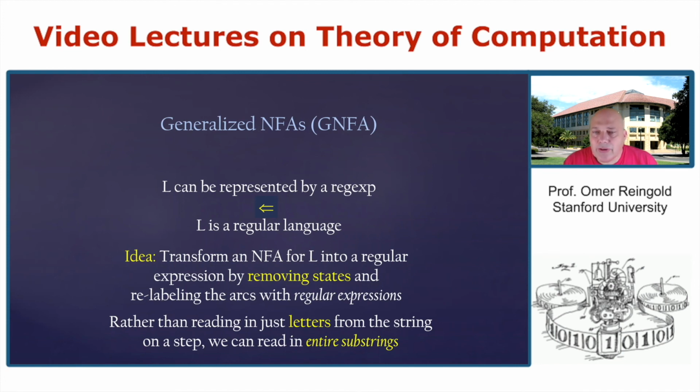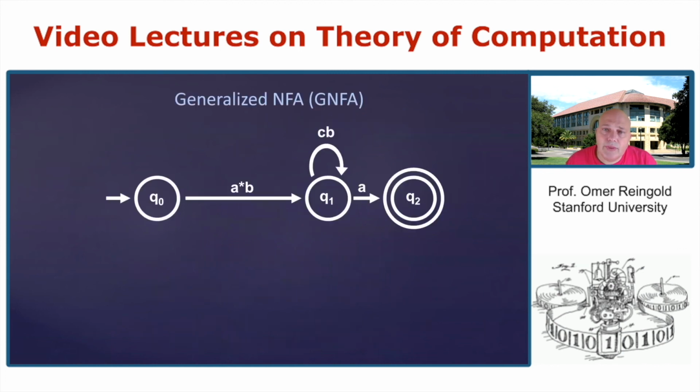So here in the process, we get something stronger or more general than an NFA, a byproduct of the proof that gave us this new object. As I said, I'm not going to actually prove everything, but I'm going to give you an example.